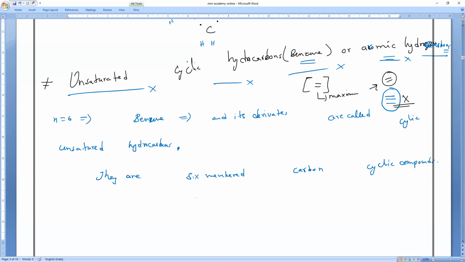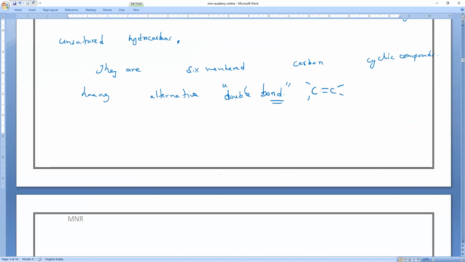A very important point: they have alternate double bonds. Unsaturated means definitely double bond. Triple bond you do not have, but we will study it in higher classes.